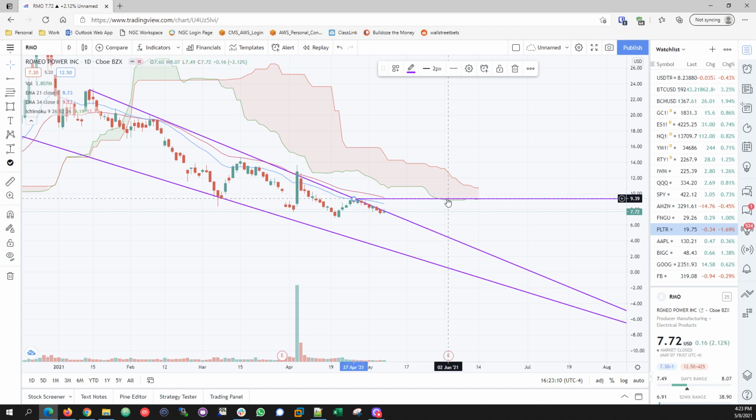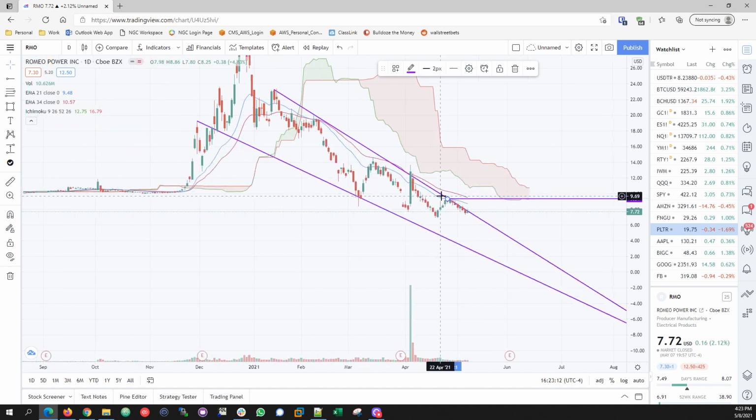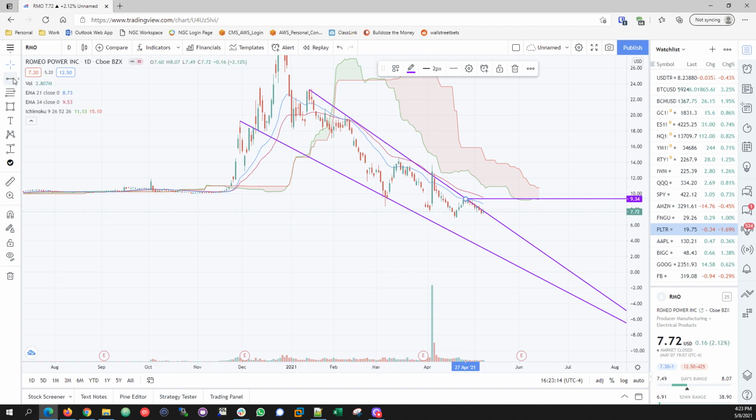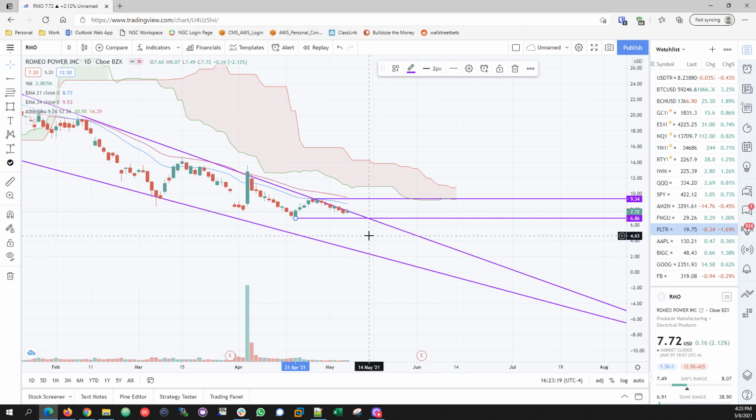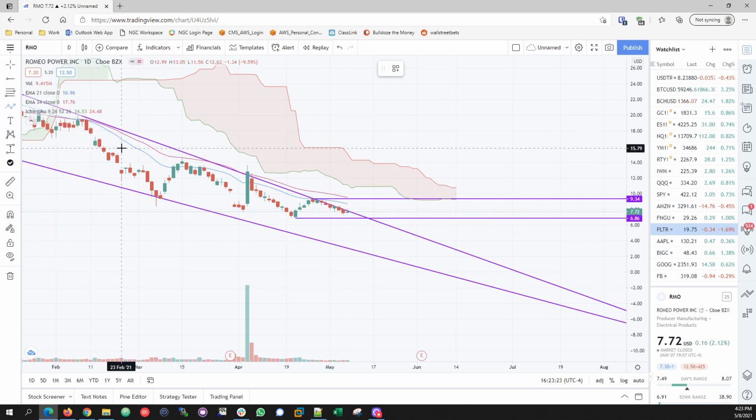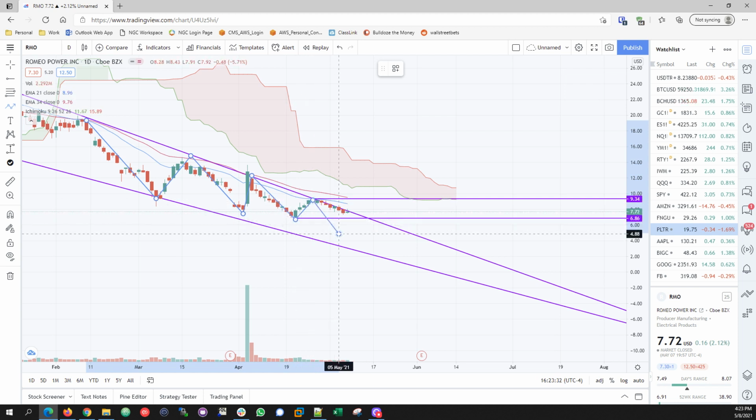It needs to stay above 9.39. If it doesn't, I wouldn't touch it. Your support will be right here. And again, I'm just going to keep on drawing these arrows for demonstration and visualization purposes, to show how the trend works. It could play down like this.